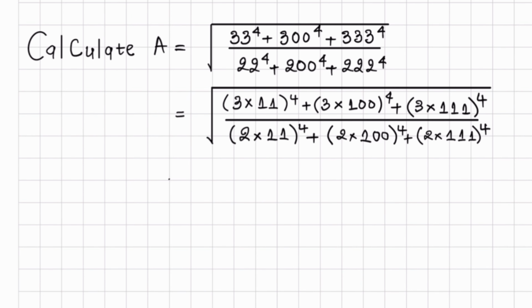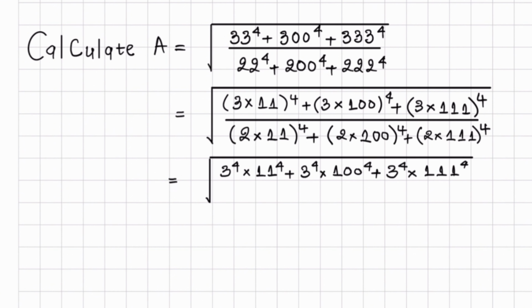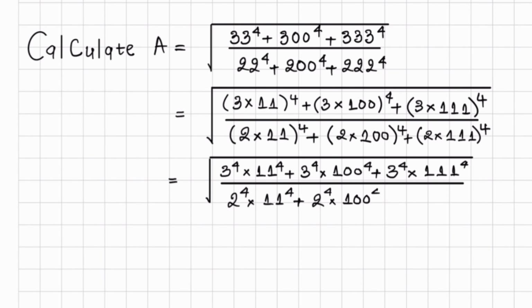Okay, so then we will get 3 raised to the power 4 times 11 raised to the power 4 plus 3 raised to the power 4 times 100 raised to the power 4 plus 3 raised to the power 4 times 111 raised to the power 4, and then all over 2 to the power 4 times 11 to the power 4 plus 2 to the power 4 times 100 to the power 4 plus 2 to the power 4 times 111 to the power 4.